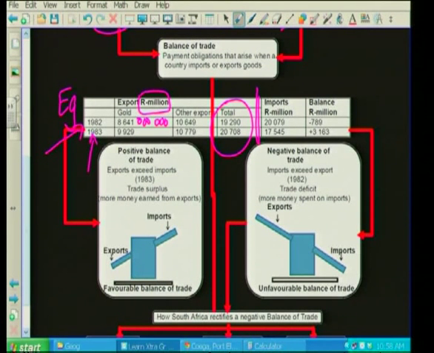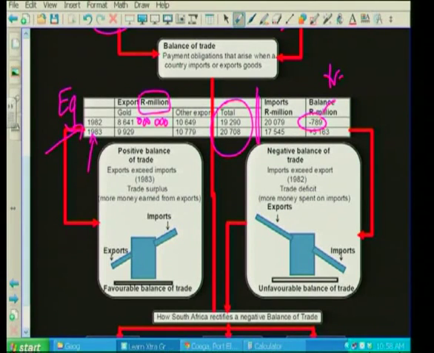So when you subtract these figures, 19,290 minus that, we get a negative number there. Can you see that? That's minus 789 million. So we were 789 million rand short compared to what we imported versus what we exported. And so in that year, we had what we call a trade deficit, right? We didn't make any money. We were in the negative, in the red.